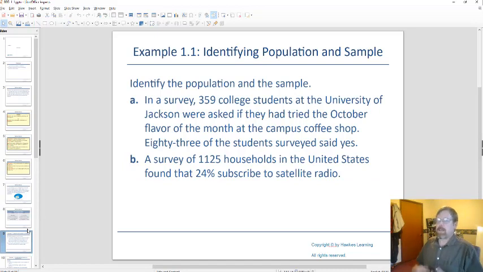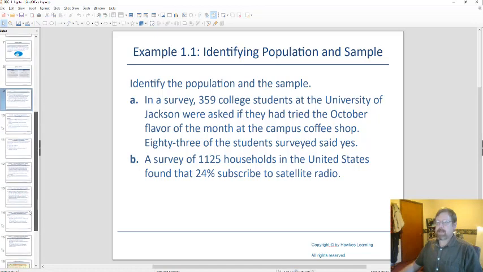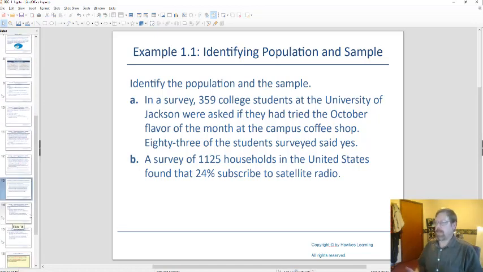All right. So one of the things I like about these slides is they come with a lot of example activities. So after we look at the beginning, I'd like you to go ahead and pause, take a minute, and do the exercise. Figure out which is the population and which is the sample. Okay?